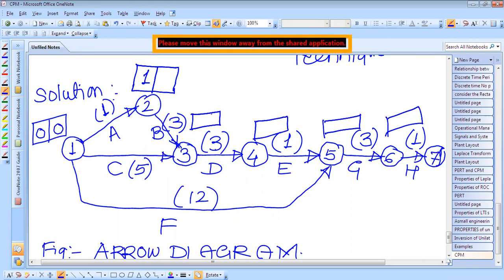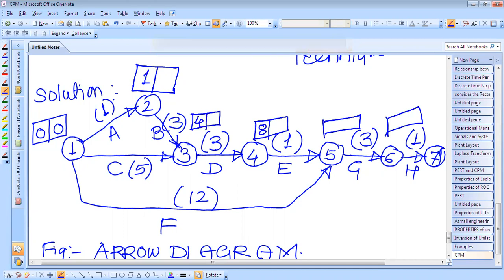Okay. So what is the earliest start time for this? This is 3 plus 1, 4. What is the earliest start time for this activity 4-5? Here we have to take the maximum, 5 plus 3. What is the earliest start time for this 5-6 activity? So this is 8 plus this. We have to take the maximum.